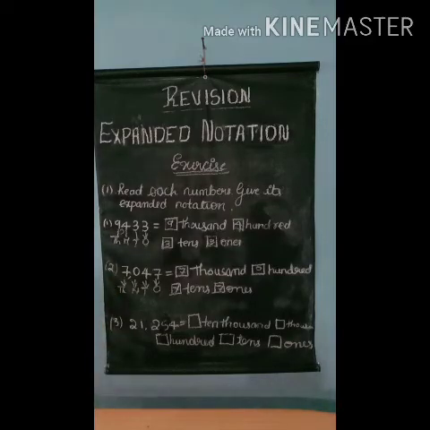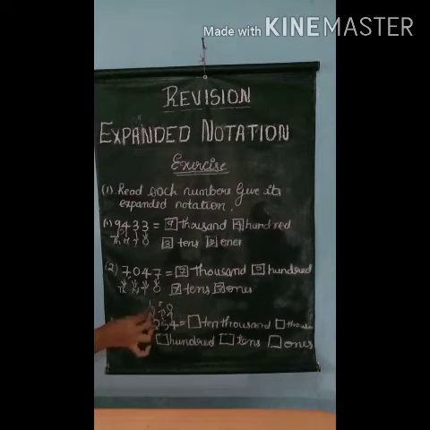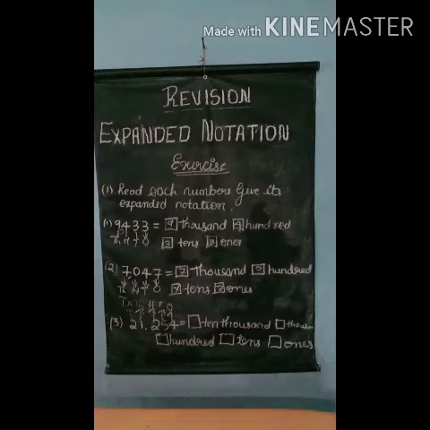Third one. In this how many digits are there? 5 digits. First we label the place values: ones, tens, 100, 1000 and 10,000.